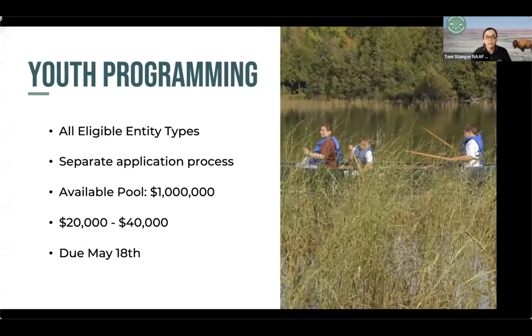If you have not yet applied, know that it's very similar to the same questions that we ask in our general application, but this is a smaller pool. There is $1 million available for our youth applications this year, and the caps and bases are between $20,000 and $40,000, and these are due by May 18th.